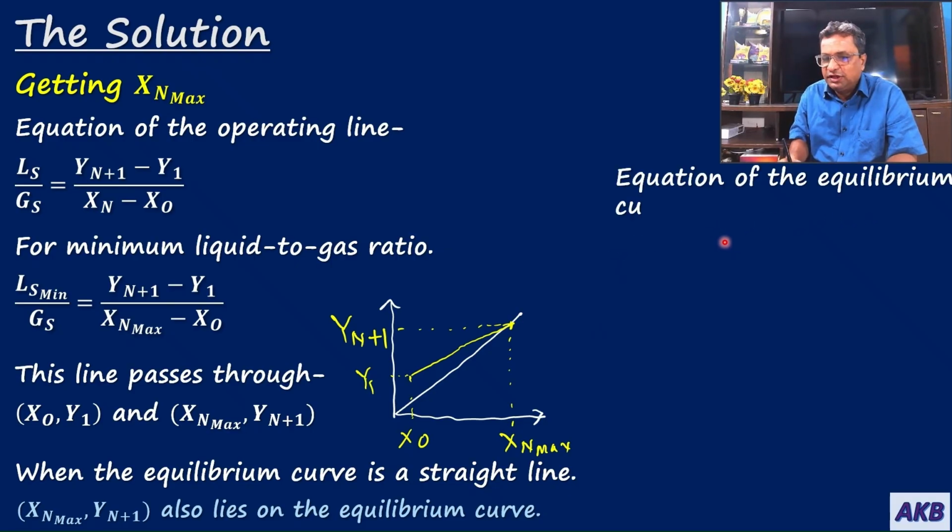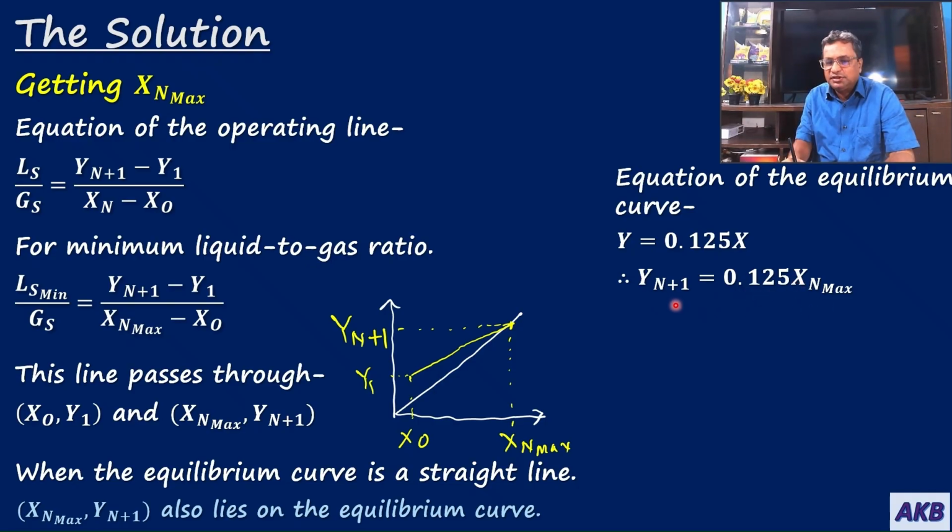The equation of the equilibrium curve is y equal to 0.125x. It is given to us. This point should satisfy that equation. So therefore, Yn+1 will be equal to 0.125 Xn max. Yn+1 is known to us, so you can get Xn max. Yn+1 is 0.02041, so 0.02041 is equal to 0.125 Xn max.